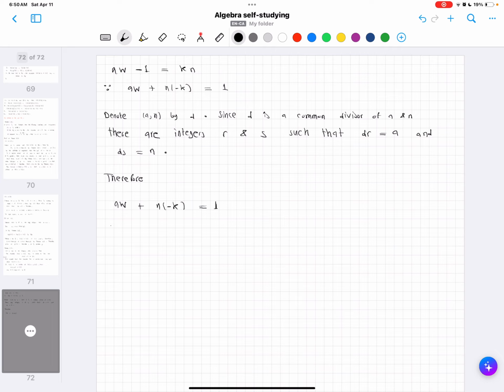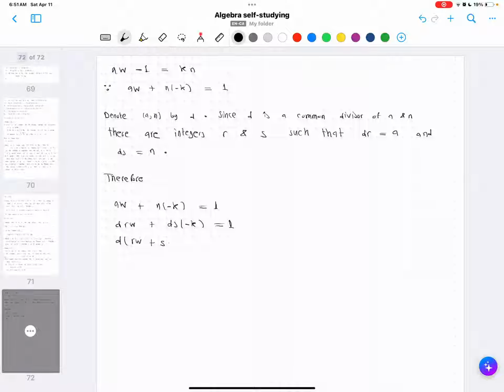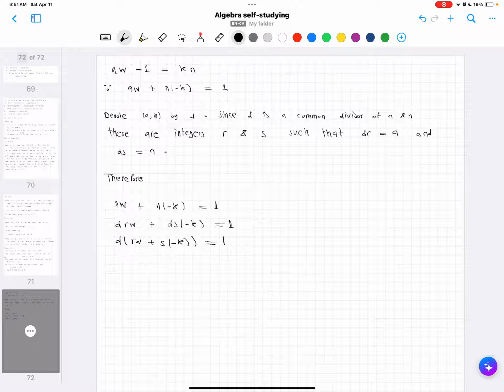So then you have d times r times w, because a can be written as d times r, plus n can be written as d times s, minus k is equal to 1.